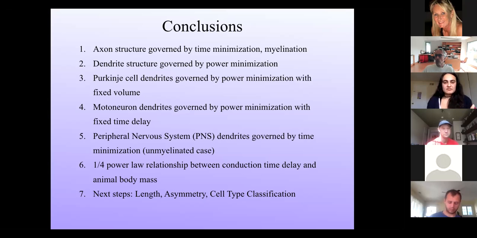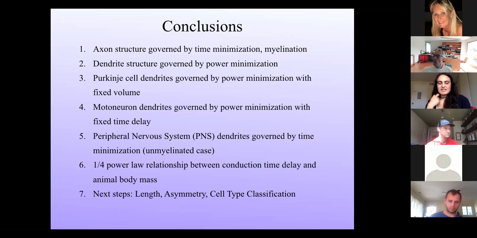Purkinje cell dendrites are governed by power minimization with fixed volume. Motoneuron dendrites are governed by power minimization with fixed time delay. And then we looked at peripheral nervous system dendrites, which are governed by time minimization without myelination. Both in our theoretical results and in the experimental data, we find this 1/4 power law relationship between conduction time delay and body mass.